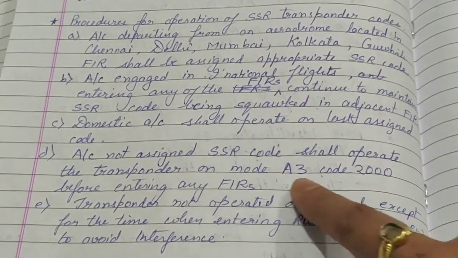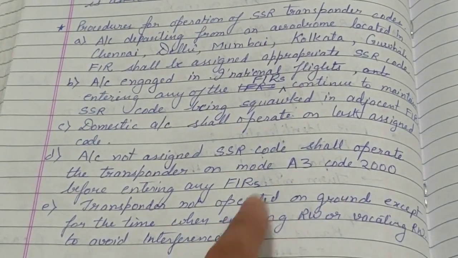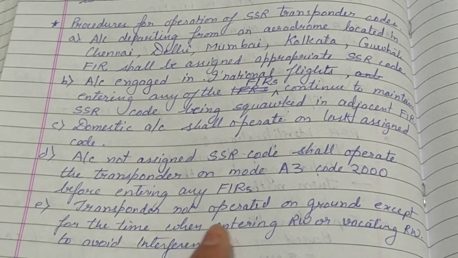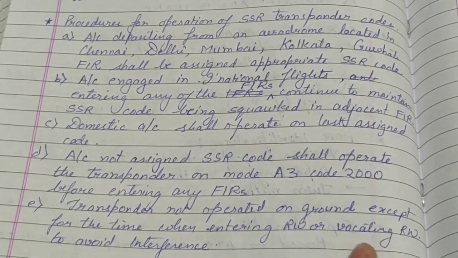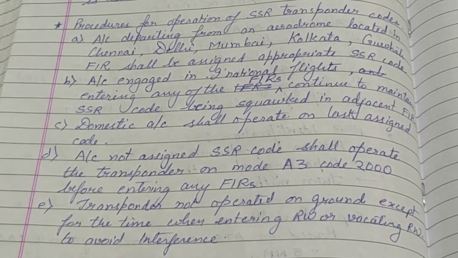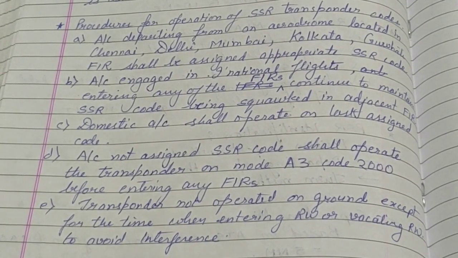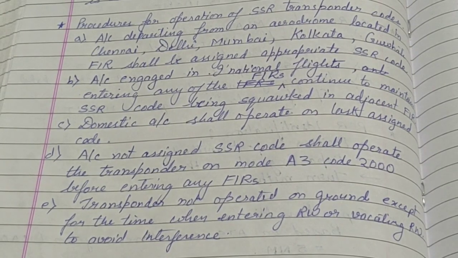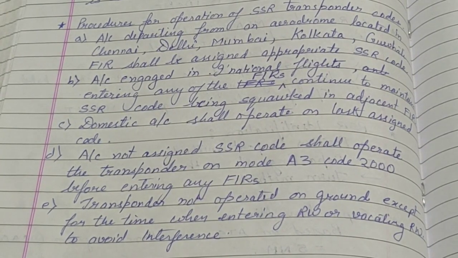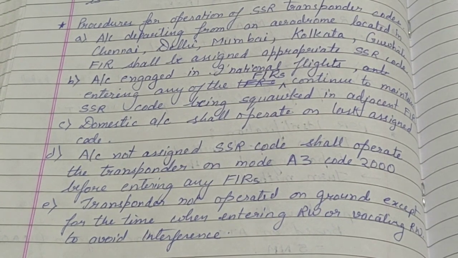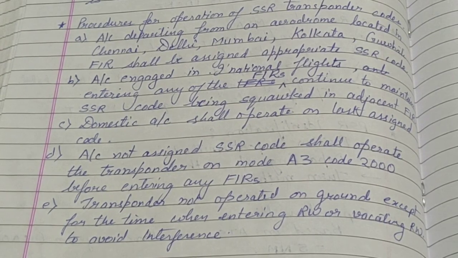And the last point is that the transponder is not to be operated on the ground, except for the time when entering or vacating the runway. In order to avoid interference on the radar display, the pilot shall not operate the transponder while on the ground.